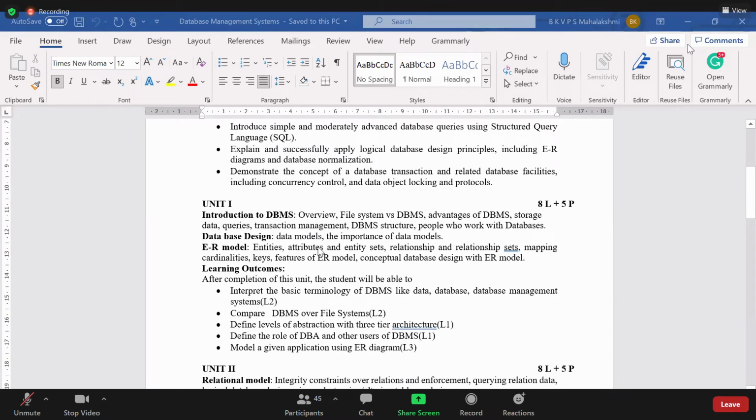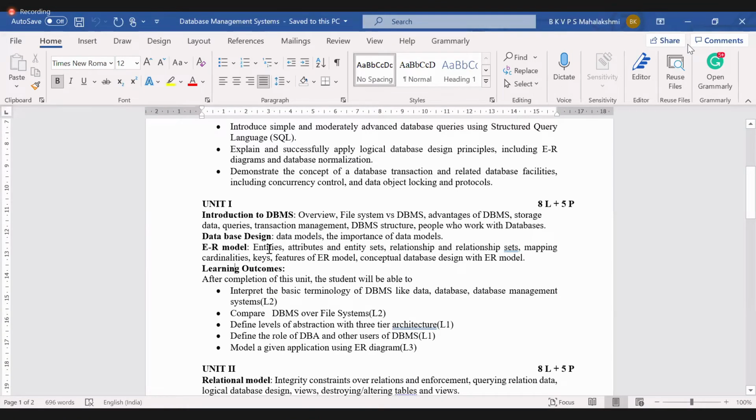In the syllabus, we have covered entities, what is an entity and the different types of entities, right? And attributes and entity sets, strong entity set, weak entity set, and relationship between the entities, and also the relationship sets. Understand? Got it?